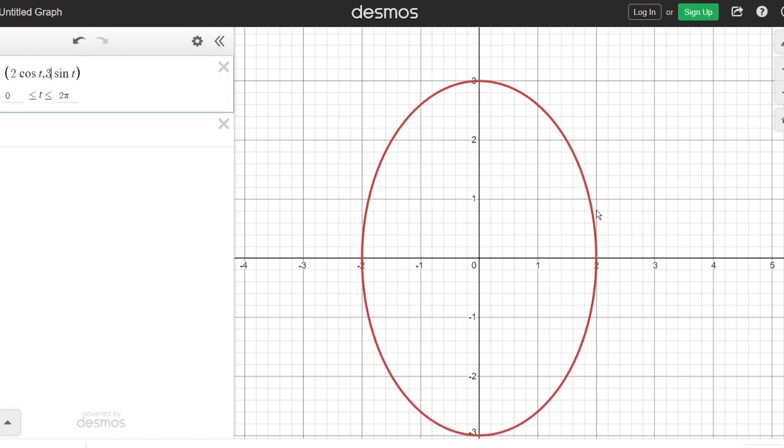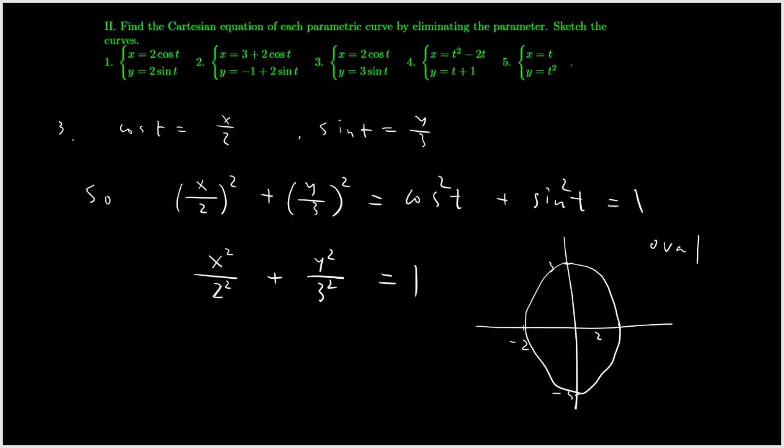It's oval, so ellipse, however you call it. Just remember the shape of the graph. That's question 3.